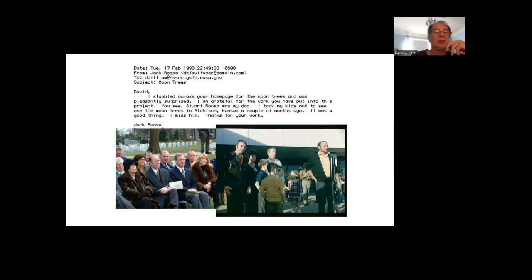And later on the left-hand side, the family set up a tribute, a second generation moon tree planting at the Arlington National Cemetery.